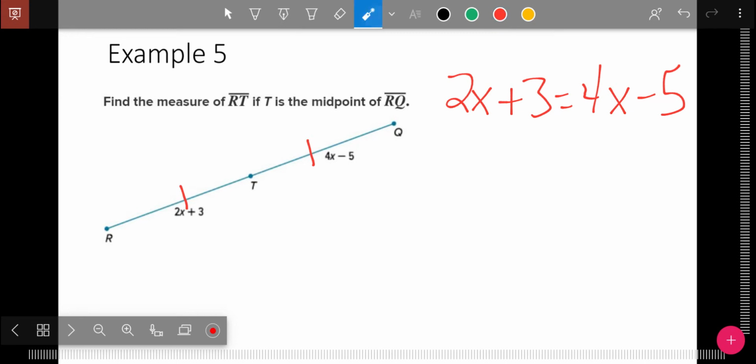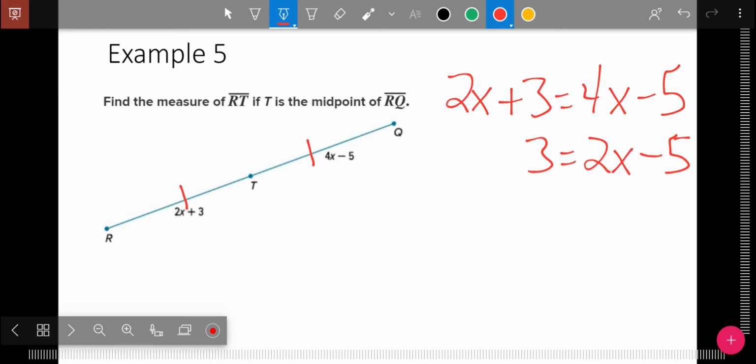I need to solve this, so I'm going to minus 2x from both sides. I always like to move the variable first if I can. I get 3 equals 4x minus 2x, which is just 2x, minus 5.